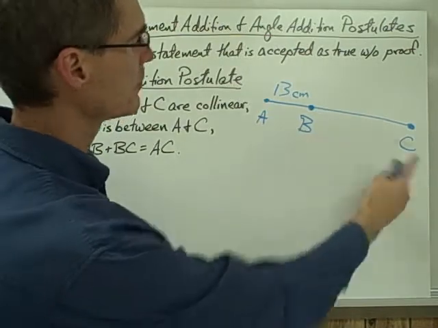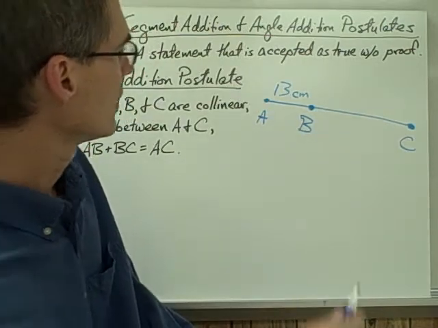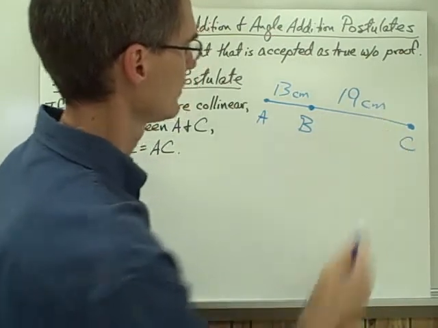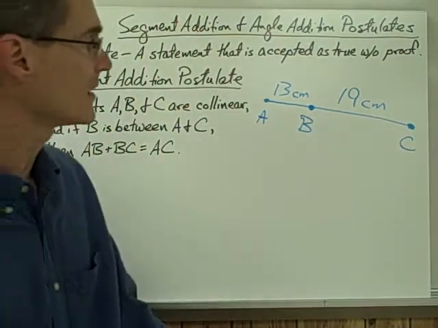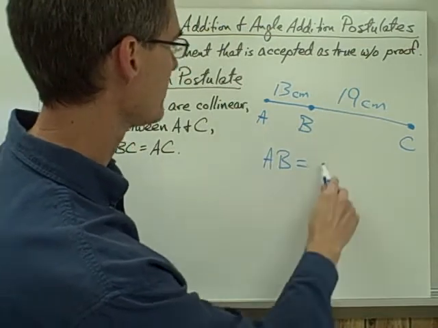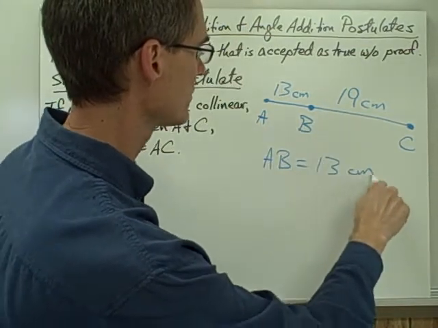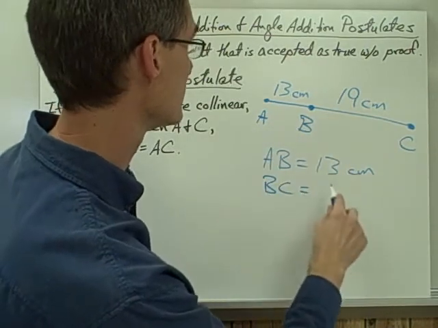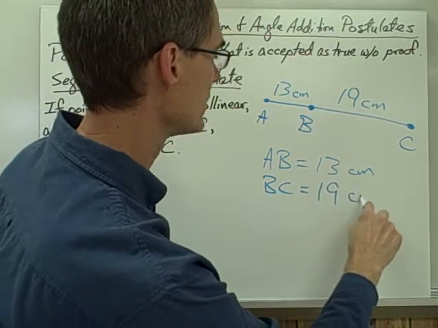And let's say the distance from B to C is 19 centimeters. Well, then according to the postulate, I know the measure of AB is 13 centimeters. I know the measure of BC is 19 centimeters.